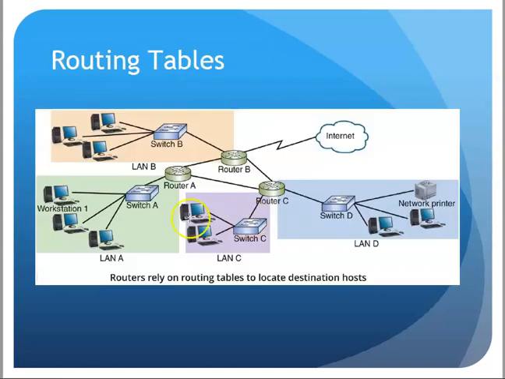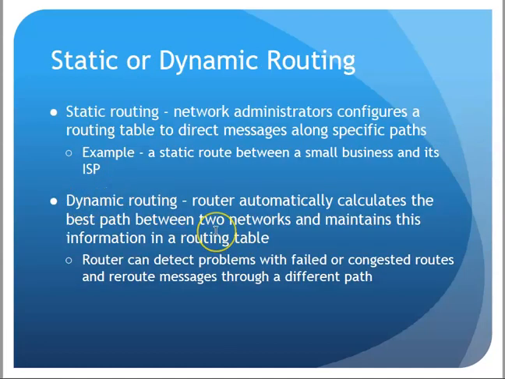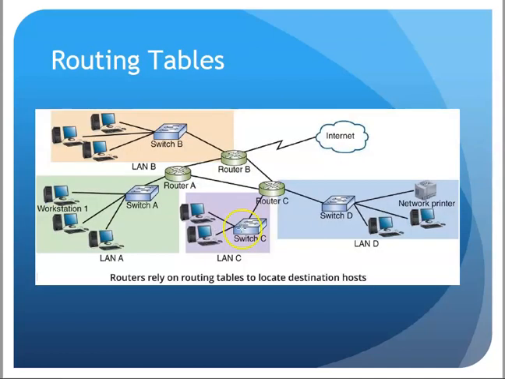Meanwhile, in a network where I might have multiple routers and multiple networks, maybe this is Hack's Harrisburg campus, and these are all different buildings. I might be using routers to move traffic between these buildings. Well, in that case, I might use some dynamic routing, because if this link breaks here, this router can say, oh, I'll just send traffic this way as opposed to this way.